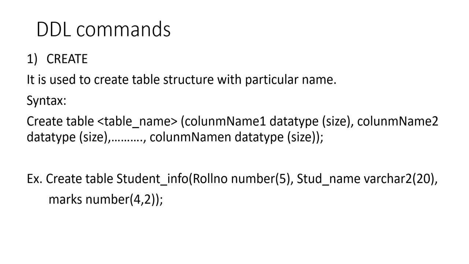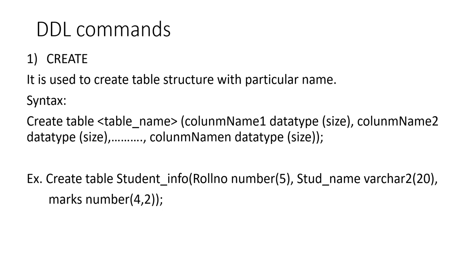SQL is used with the relational database, and a relational database is used to store the data in some structure. The structure is the table structure, having rows and columns.